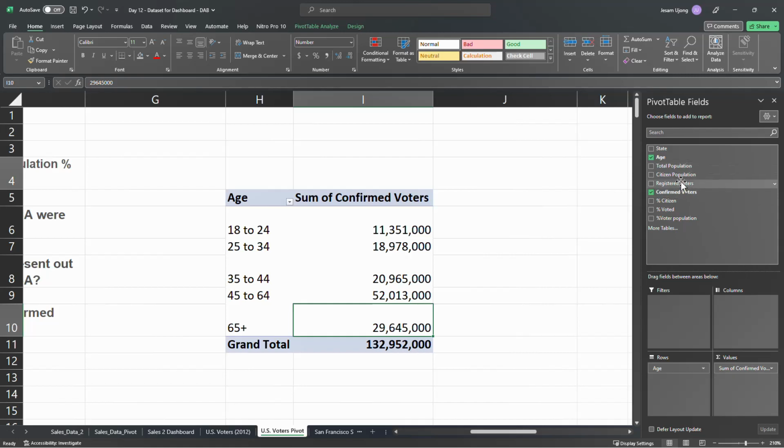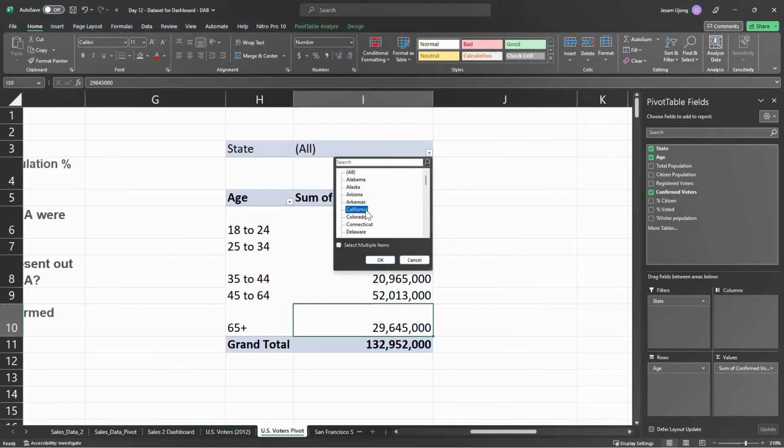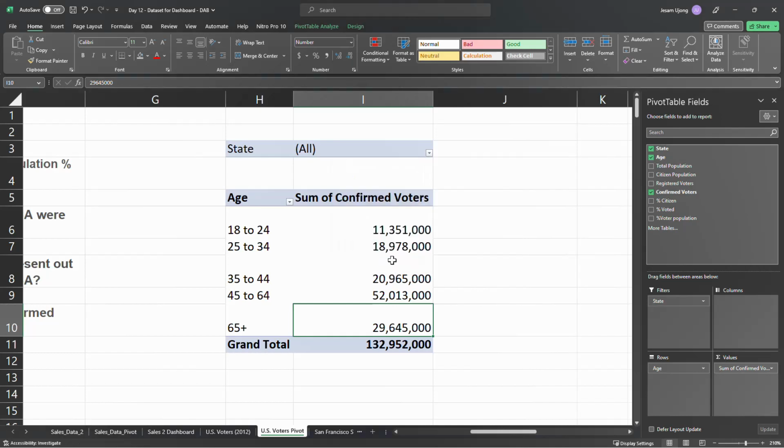So there is California. So I'll put a filter for California. I'll put the states in filter and I'll just select California. Okay, and there is our answer.